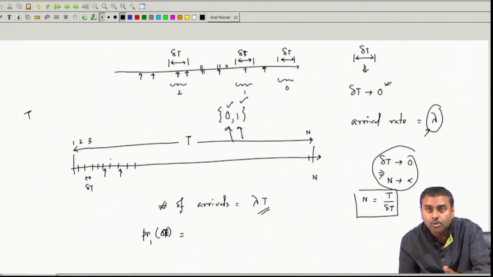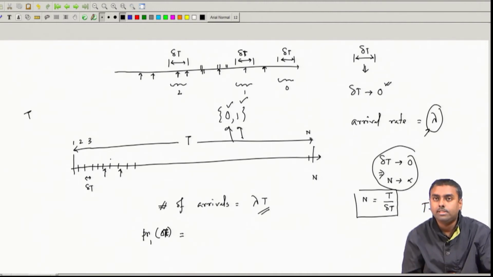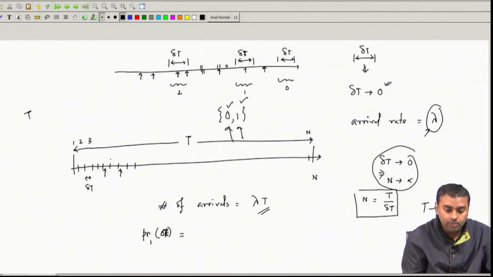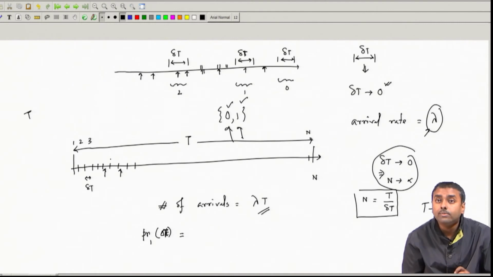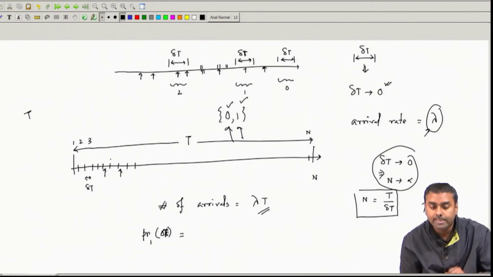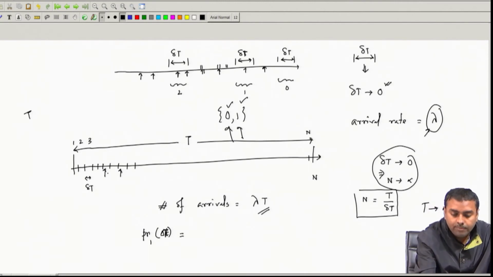Over all these almost infinite cases, the number where 1 arrival is happening is a favorable case. There are lambda into T arrivals overall, so they must be distributed over here. So, lambda into T favorable cases.